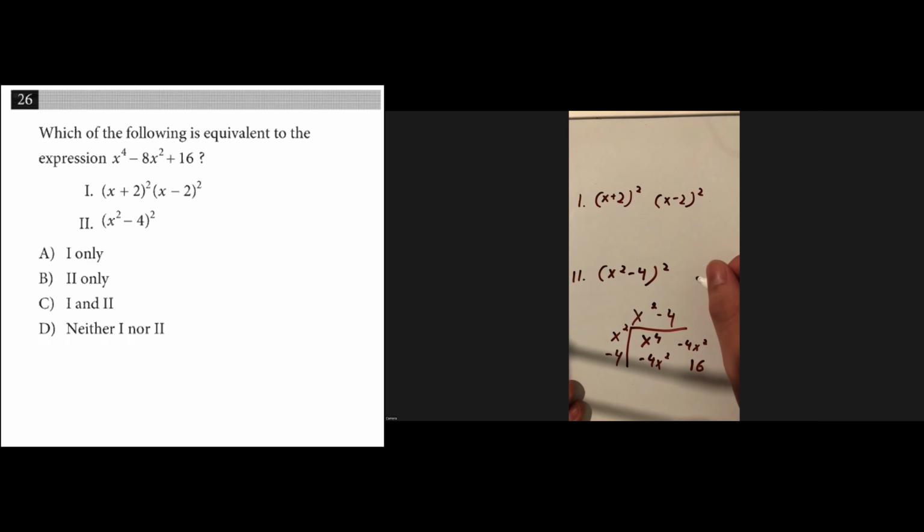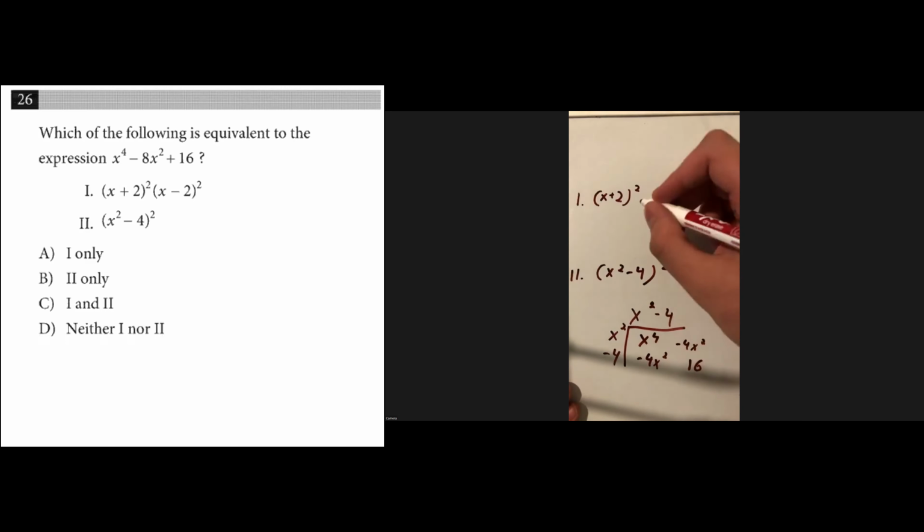So this is equal to x to the fourth minus 8x squared plus 16. So the second one is equal to the original expression.